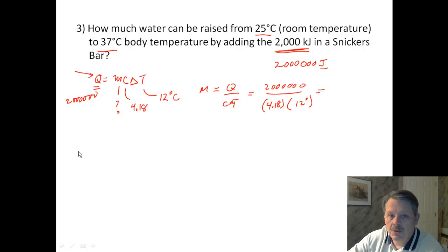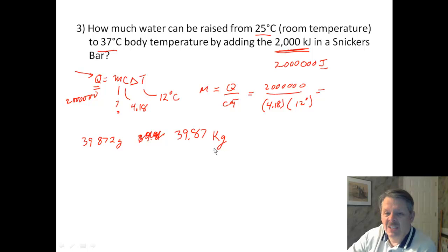And if I do that math, I get 39,872 grams, which is 39.8 or 39.9. Sig figs I'm not going to worry about. So we're going to get about 39.87 kilograms. Okay? That's a lot. That's like 100 pounds. That's a lot of weight.